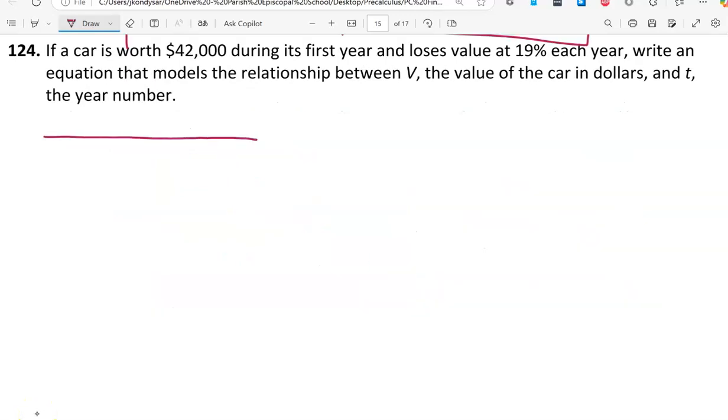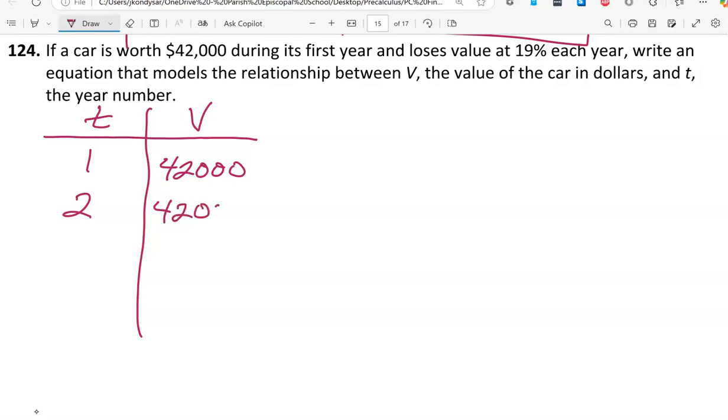In 124, a car is worth $42,000 during its first year and loses value at 19% per year. So our first column in the table is T, and second is V for the value of the car. And if the car loses 19% per year in the second year, its value would be 42,000 minus 42,000 times 0.19.